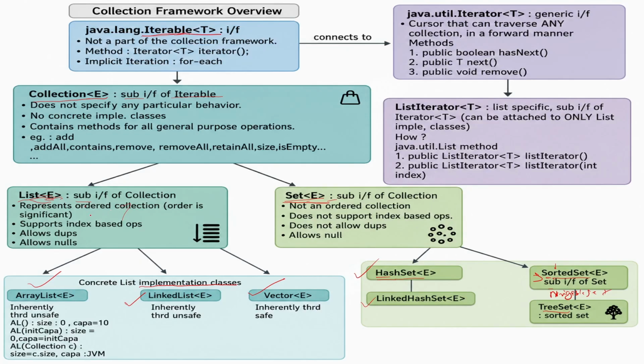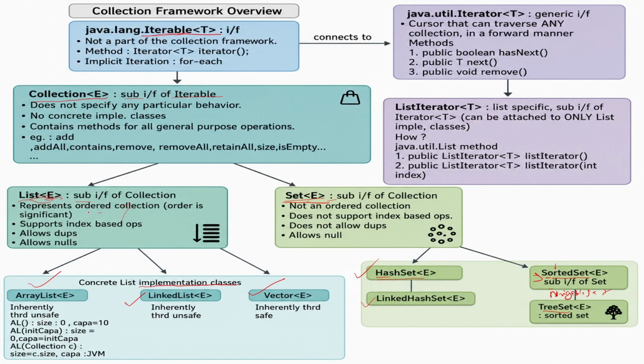List is a collection in which we will be adding some values, some objects. So the list will remember the order of insertion. Let's say I am inserting 10, 20, 30 in the list.